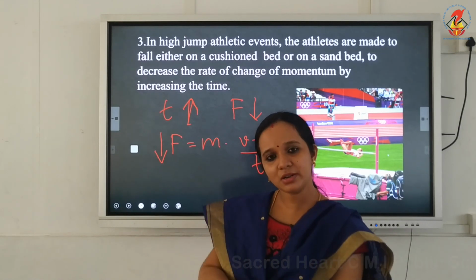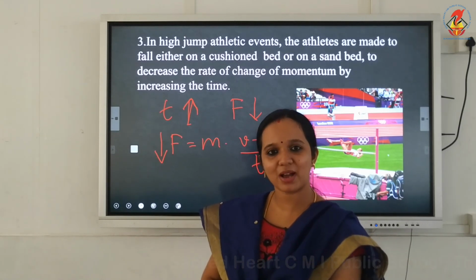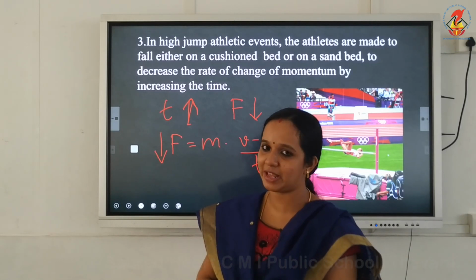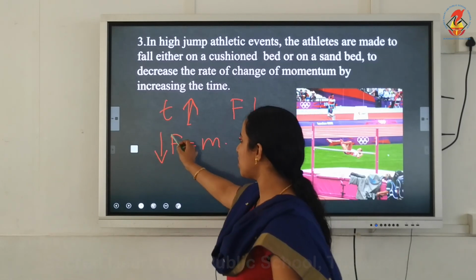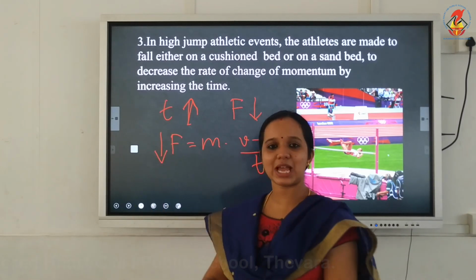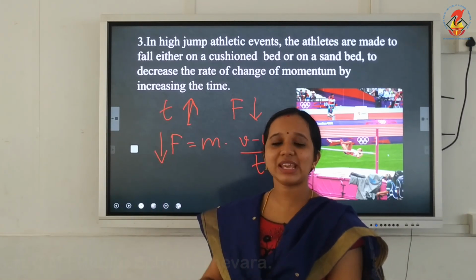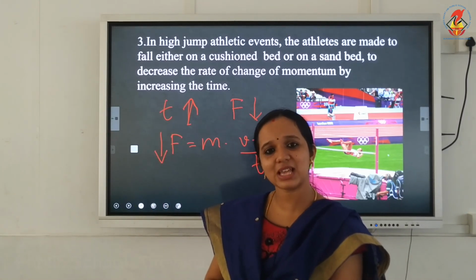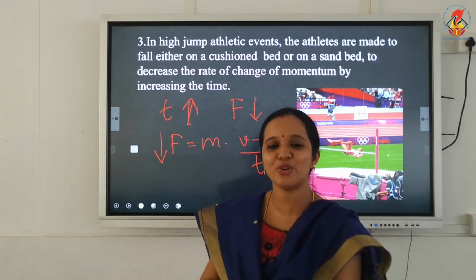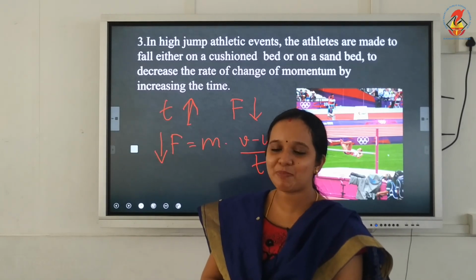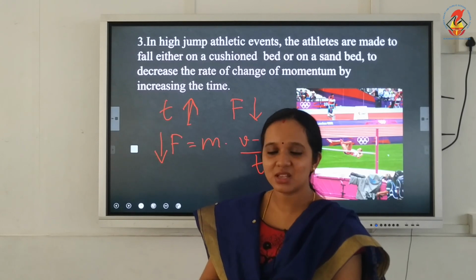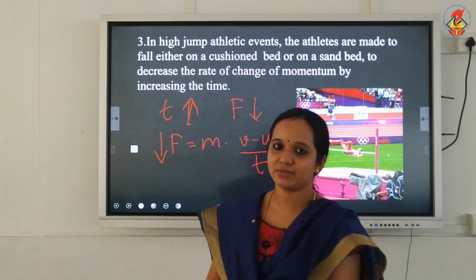In turn, the sand will also apply a reaction force on him. Since the force applied by him onto the sand is less, the reaction force applied by the sand on his leg will also be less. So the impact force on him is less, so he won't get hurt.